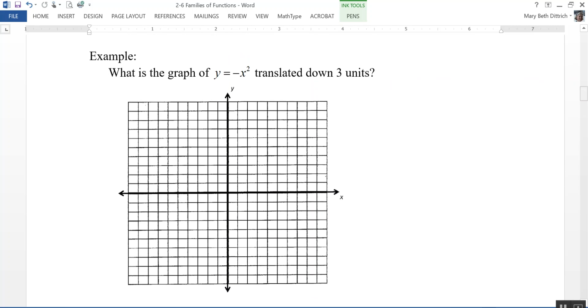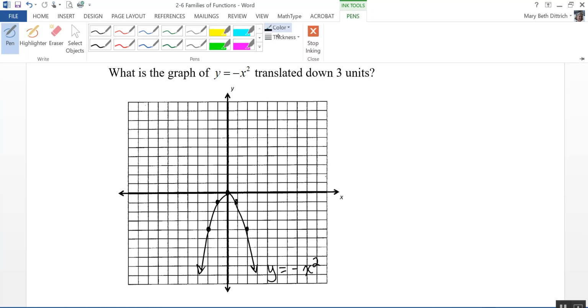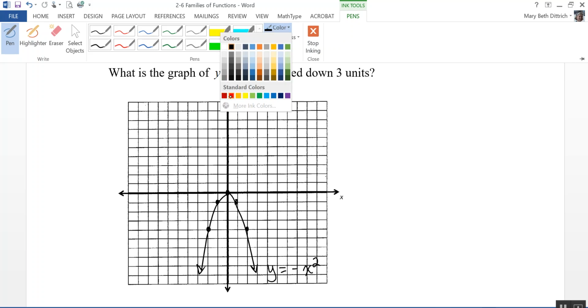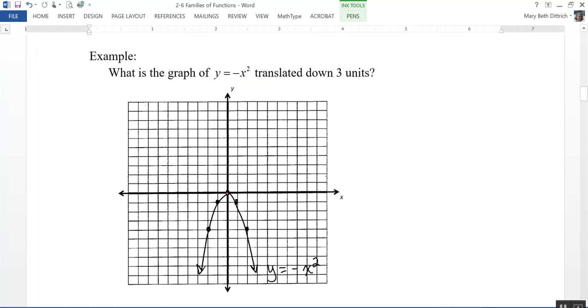What is the graph of y equals negative x squared translated down 3 units? So the parent graph of y equals negative x squared is going to be the basic quadratic function, but opening downward. So that's the function y equals negative x squared. And if I translate it down 3, then I would move every point 3 units down.